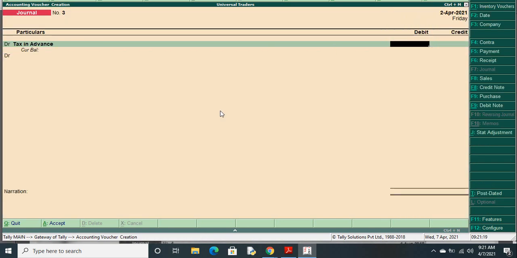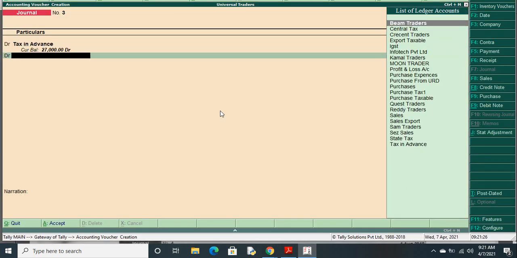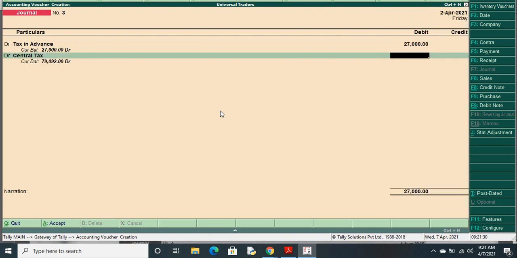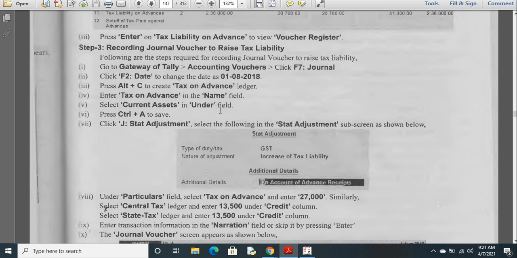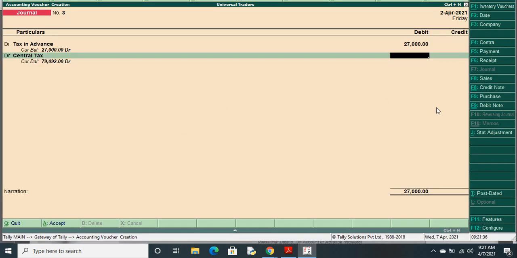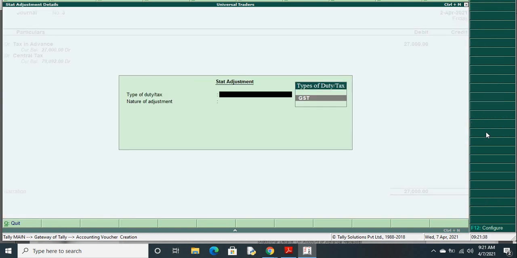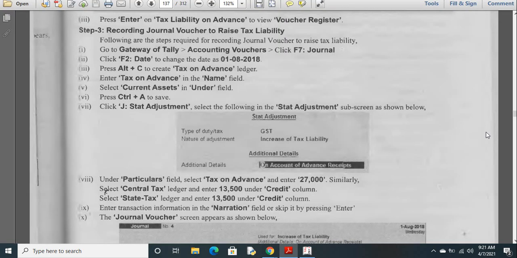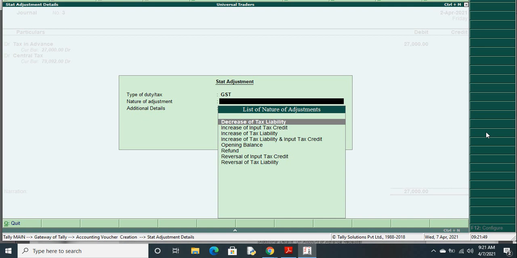That amount is 27,000. Central tax, type of duty GST, and we have to select on account of advance receipts.